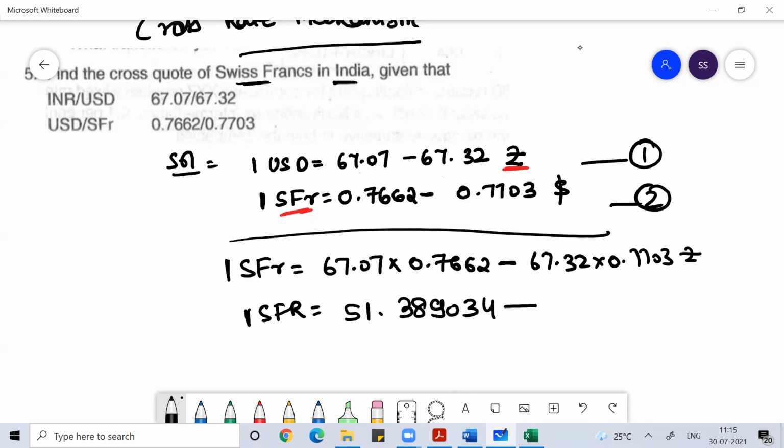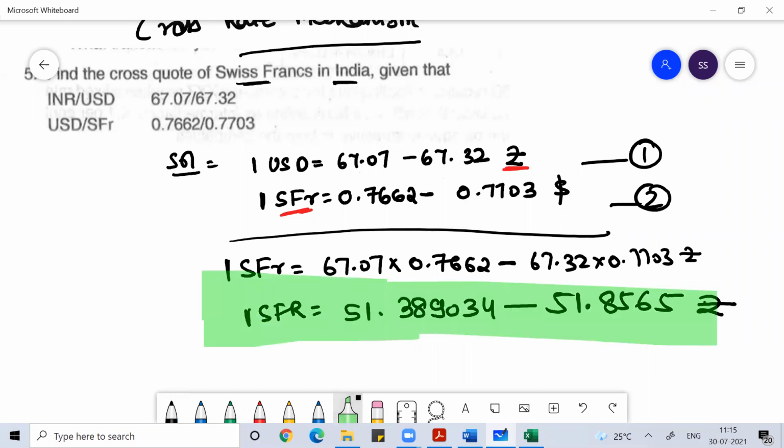Then 67.32 into 0.7703 is 51.8565 Indian rupee. So this will be the exchange rate between the Swiss franc and the Indian rupee.